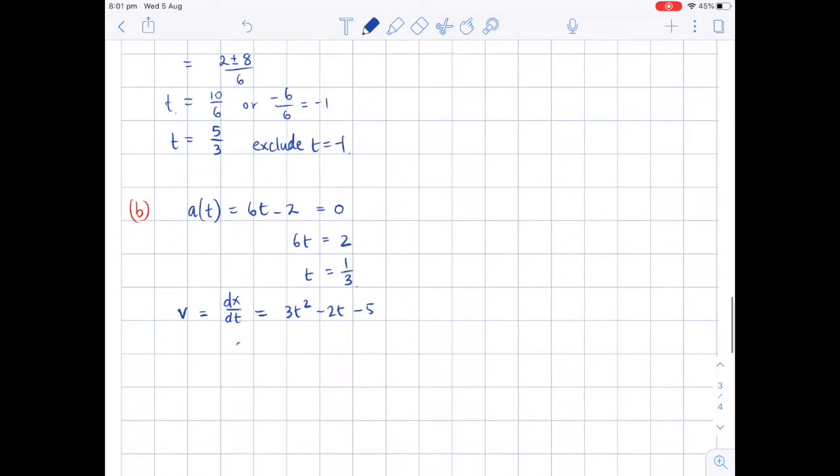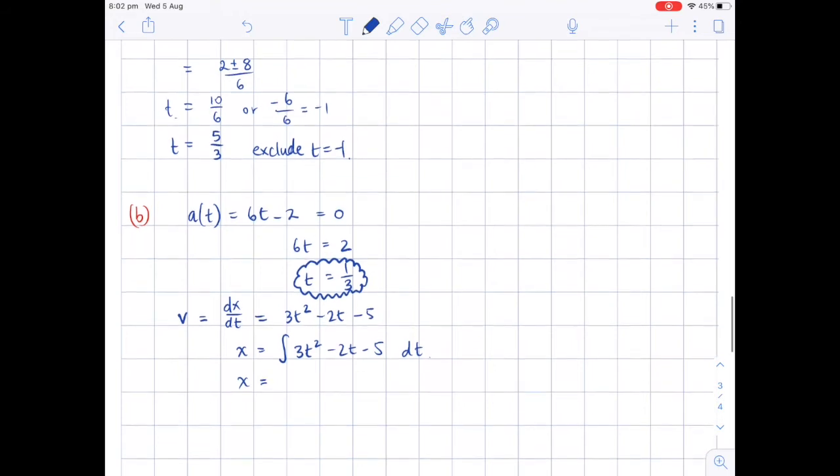So if I want to find out what x is, I can find the integral of 3t squared minus 2t minus 5 with respect to t. I can go a little bit further here. I'm trying to find an equation when t is equal to 1/3.